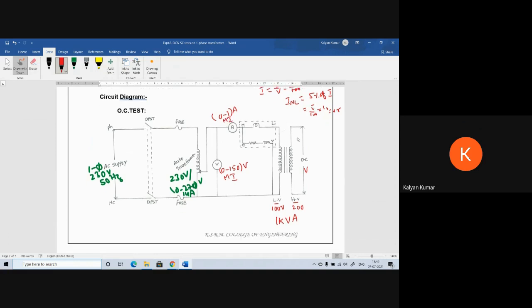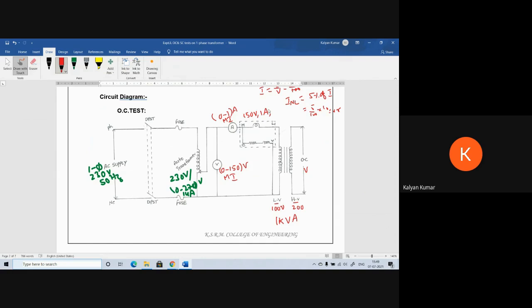Now coming to the wattmeter, as the wattmeter measures real power, we need to specify the voltage rating, current rating and power factor for the wattmeter. Here the voltmeter is 150, so the voltage range we can use is 150 volts, and the current specification is 1 amp, and as it is operating under low power factor, the power factor will be less than 0.5 for the transformer.